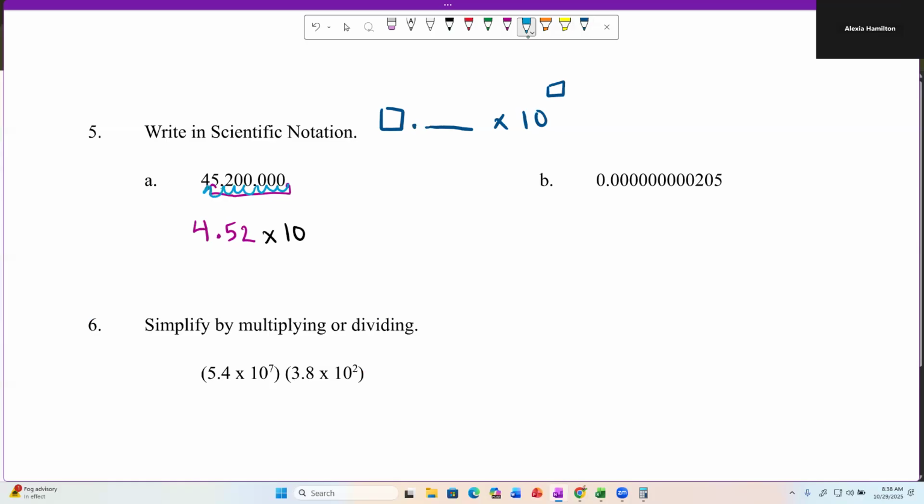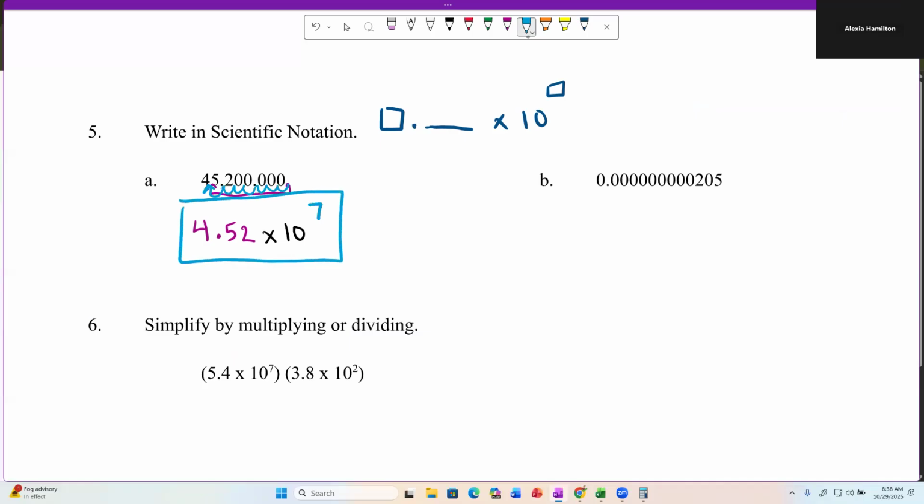It moved 7 spots to the left. But my zeros are on the right-hand side. Positive numbers are on the right-hand side of a number line. So my exponent is 0 or is positive. 4.52 times 10 to the 7.